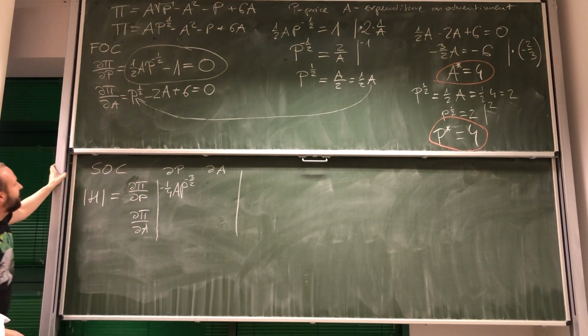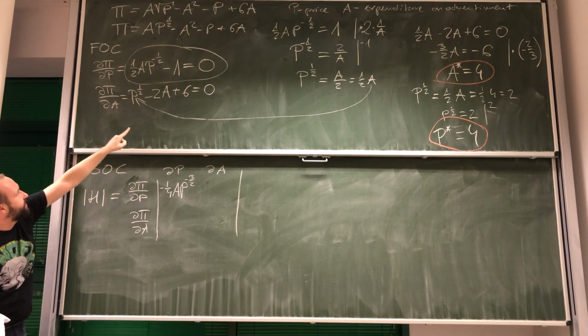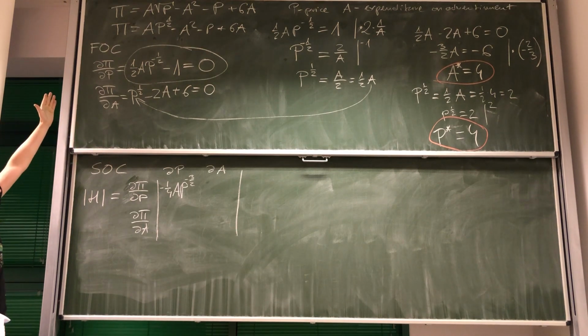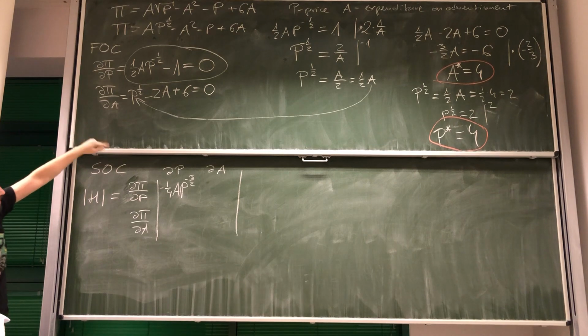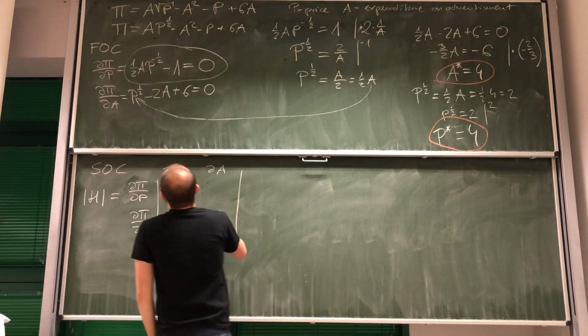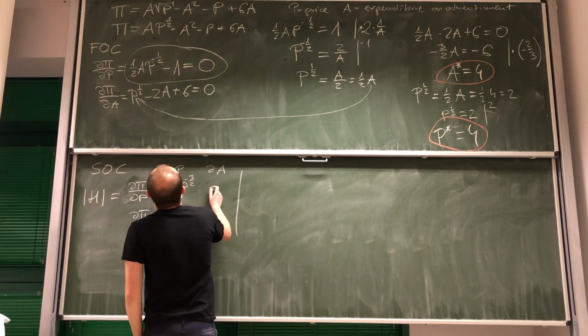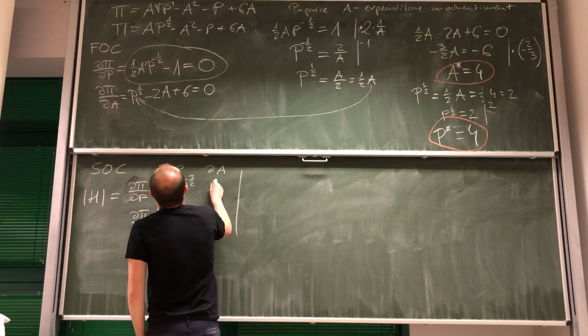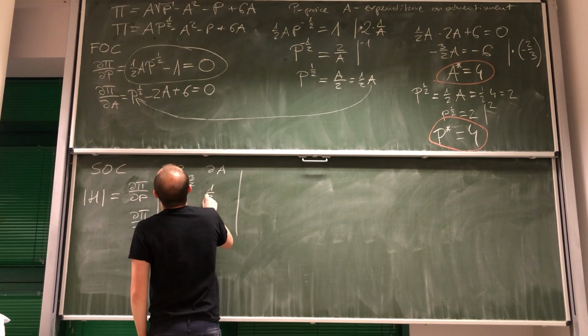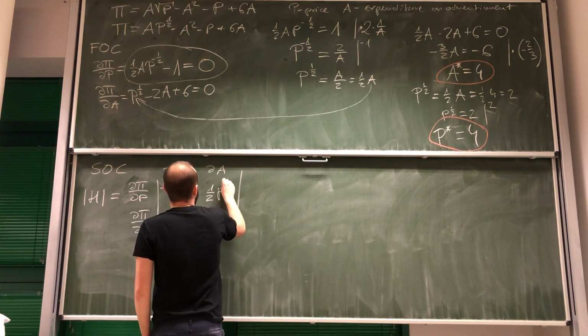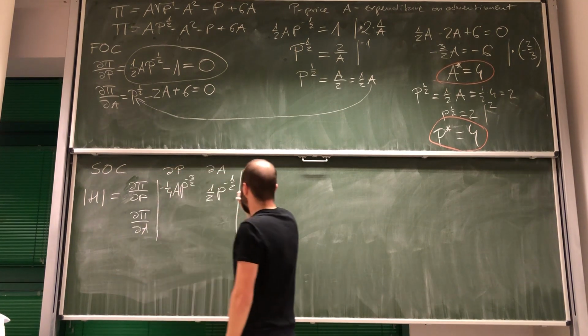Now, if I'm differentiating this with respect to a, I'm going to get that this is simply 1 over 2 p to the power negative 1 over 2, right?